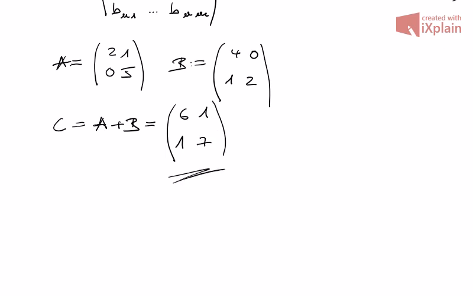So that's matrix addition. Same thing for subtraction. If there's a minus sign here, the same rules apply. So what do you get? Minus 2, exactly. Then 1, exactly.